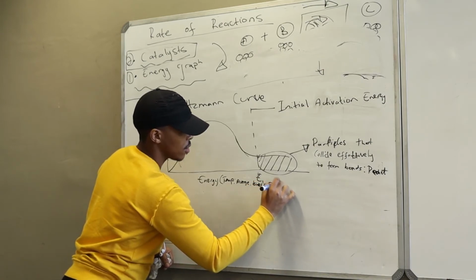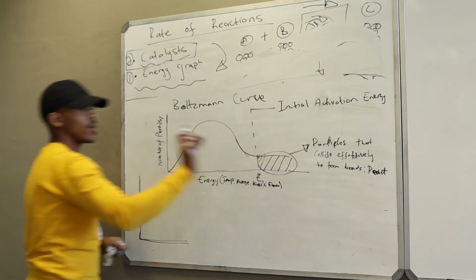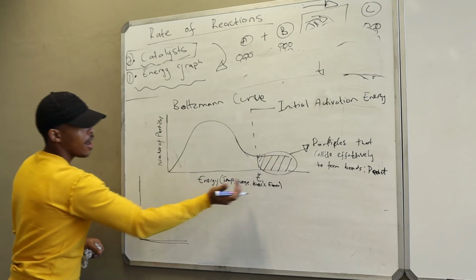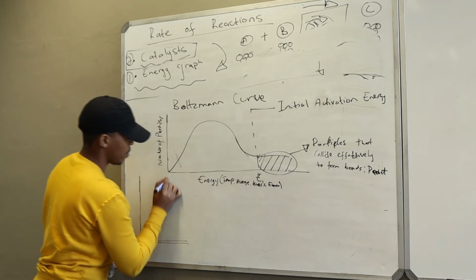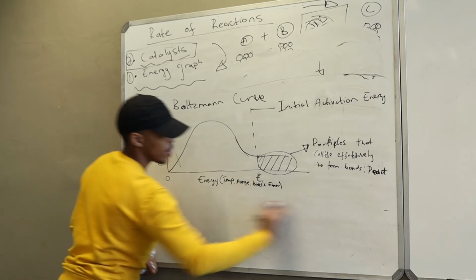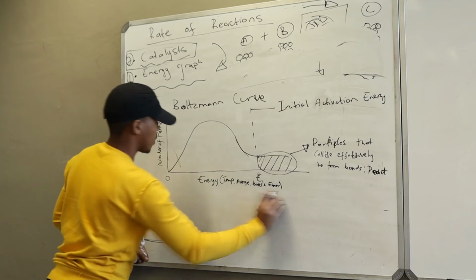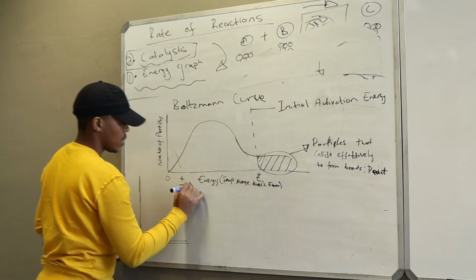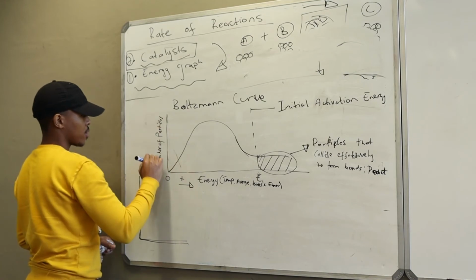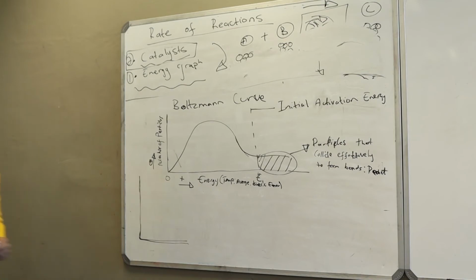Write that down. Now remember this is energy, so it's increasing from 0 to that side. This is an increase in energy, plus, in this direction. And the amount of particles is plus in this direction, upwards.